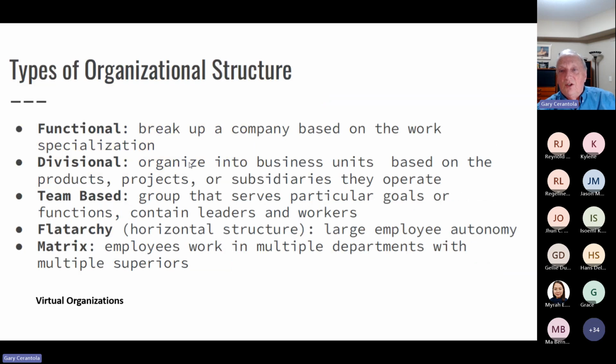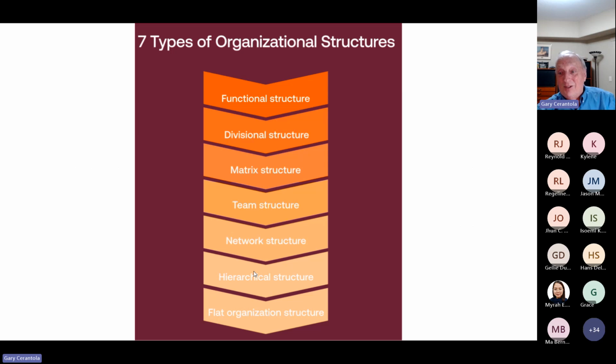So we talked about the different organizational structures, that flat organization, also known as a flatarchy, and the matrix. Employees work in multiple departments with multiple superiors, and there's some good stuff around that, and there's some not so good stuff.